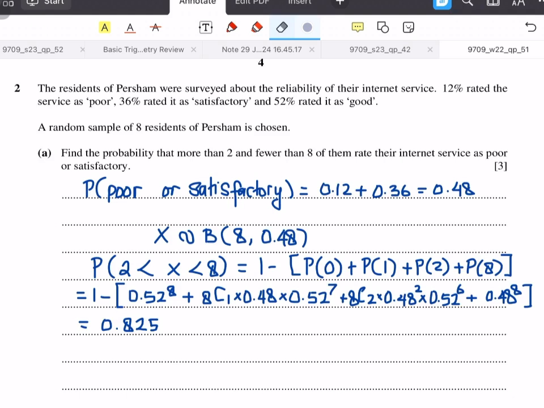A. Find the probability that more than 2 and fewer than 8 of them rate the internet service as poor or satisfactory. So the probability of poor or satisfactory is 12% plus 36%. So it's 0.12 plus 0.36 is equal to 0.48.